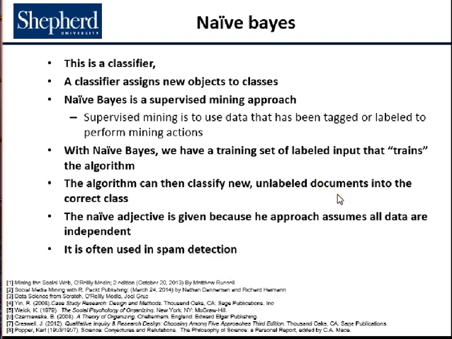Naive Bayes is a classifier. A classifier assigns new objects to classes. So for example, if we had a GIS data set of areas that were considered risks for environmental, for floodplains, we might have a set of factors we would look at.